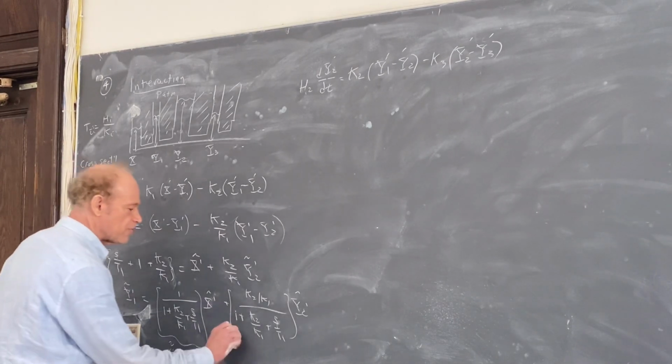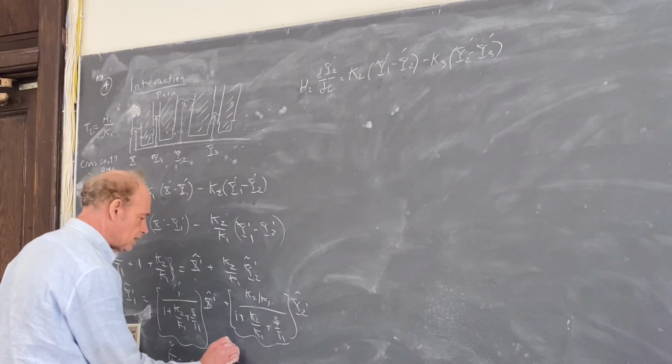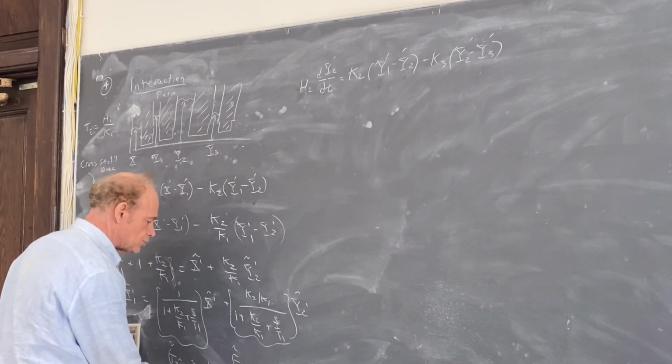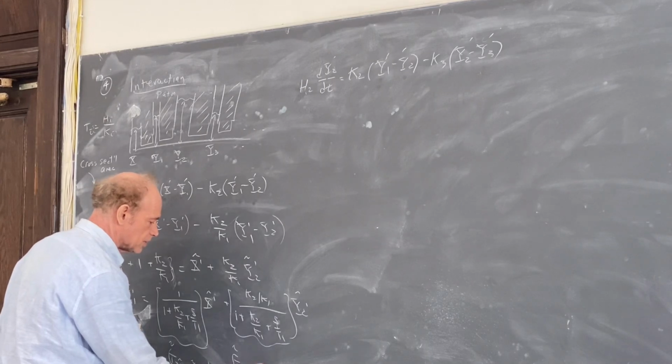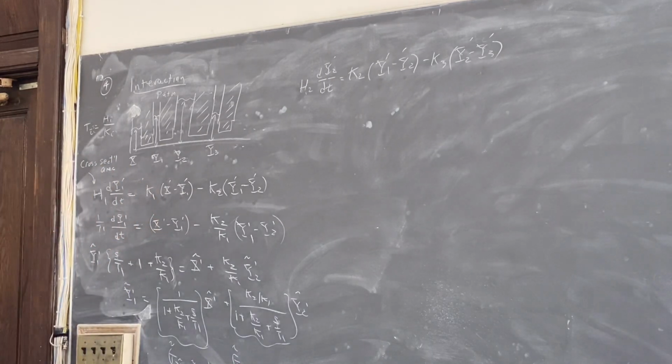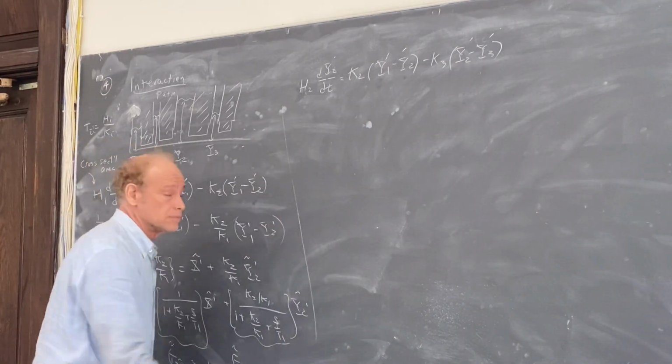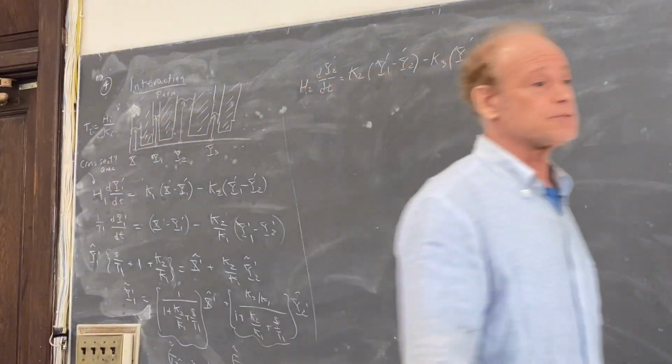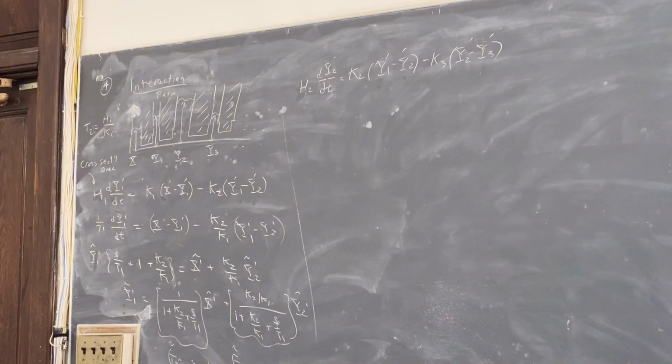And this thing is G tilde for how y2 prime tilde influences y1 prime tilde. Is that clear? That one is sort of straightforward. Okay.